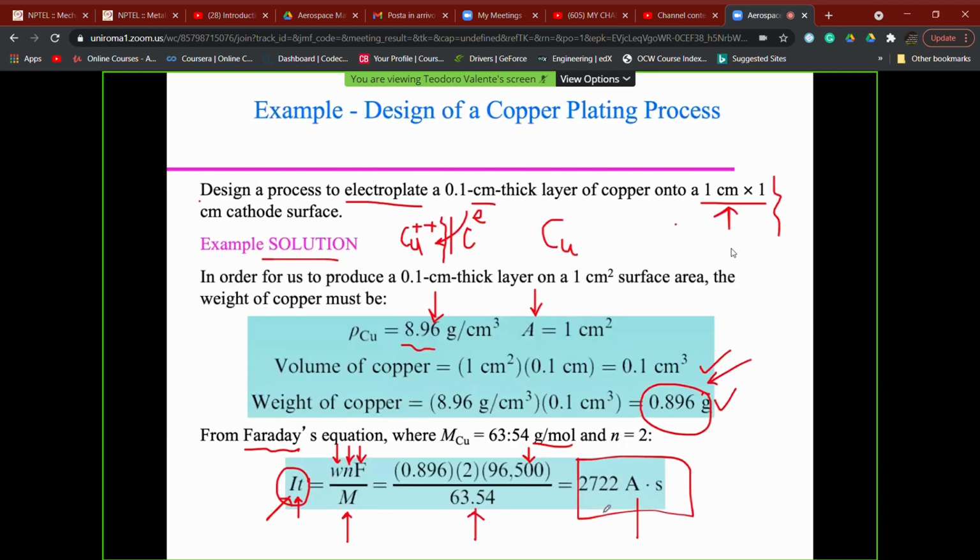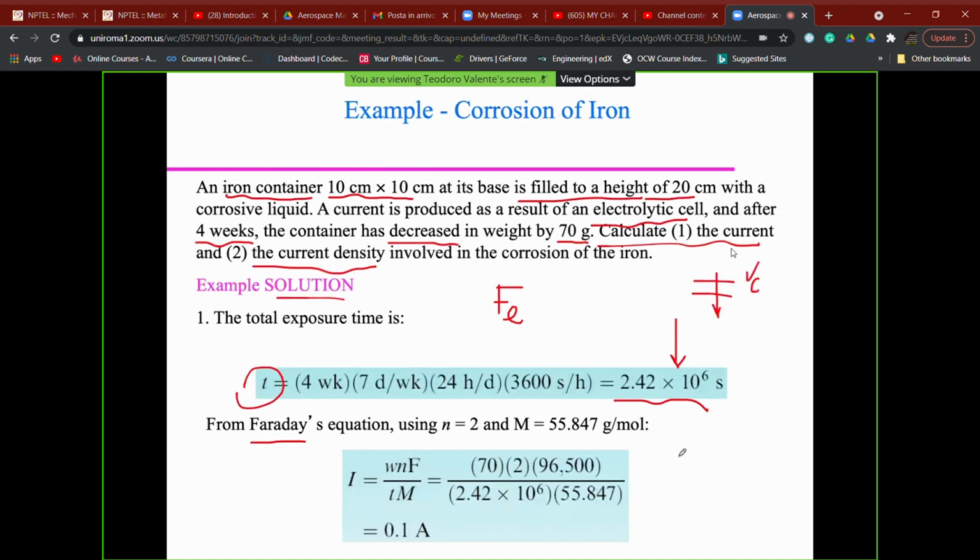Again, you have seen this also before. If we use as unit of measurement grams for the weight, and grams per mole for the atomic mass, the result in terms of intensity of current per time is ampere per second, and so we are just using the same approach.